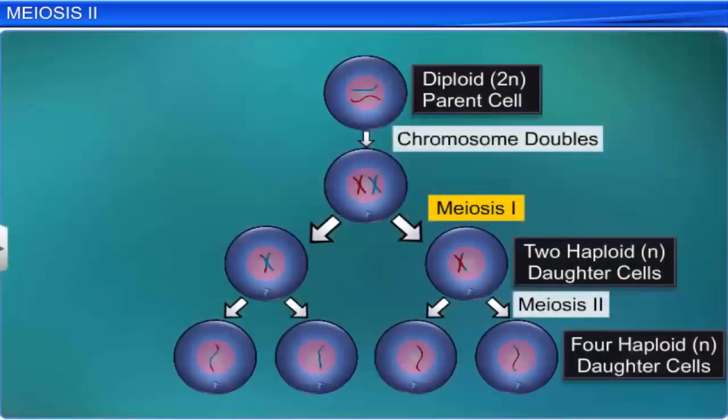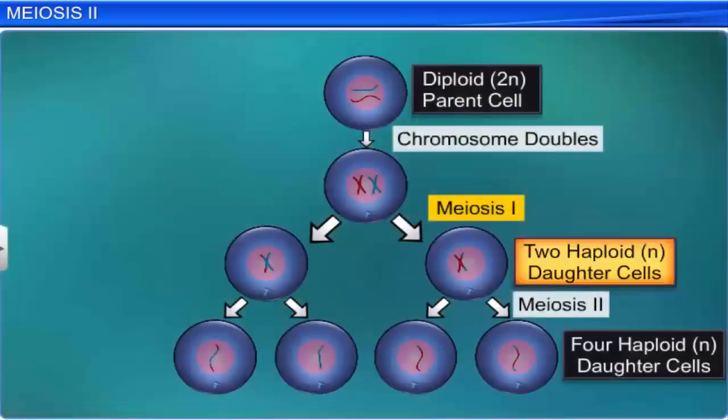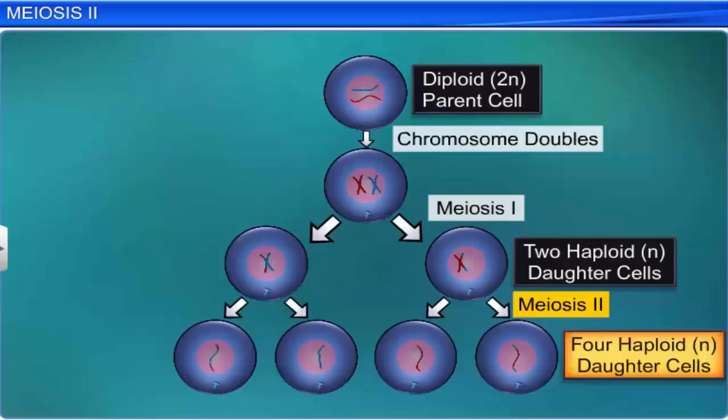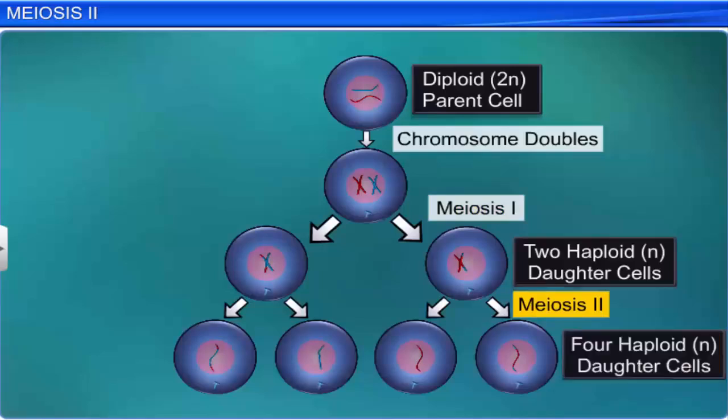Meiosis 1 results in two haploid daughter cells due to the separation of the homologous chromosomes in the parent cell. Meiosis 2 follows meiosis 1 and results in four haploid cells. Meiosis 2 resembles mitosis, as the same number of chromosomes is retained in the daughter cells.